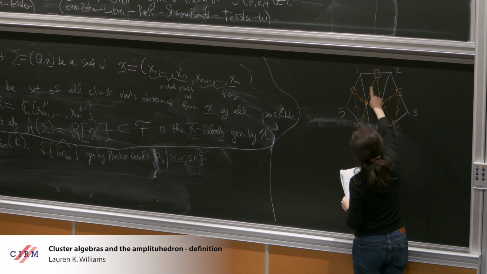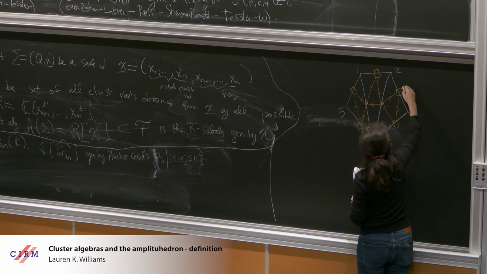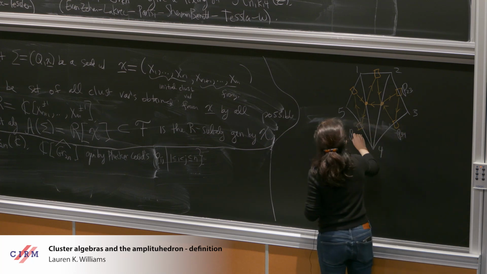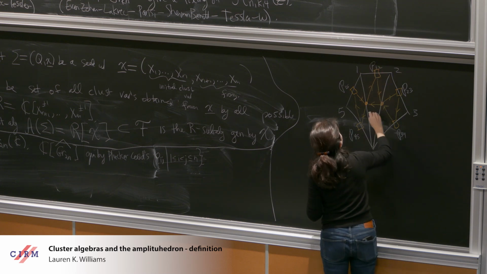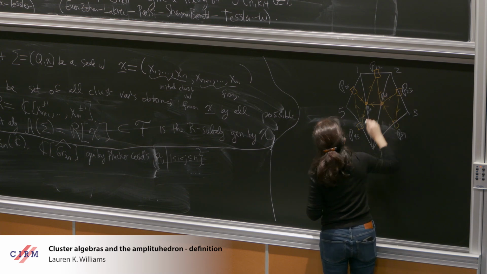Since each vertex lies on a diagonal or a side, I can label it by the corresponding Plücker coordinate. And this one is P2,4.